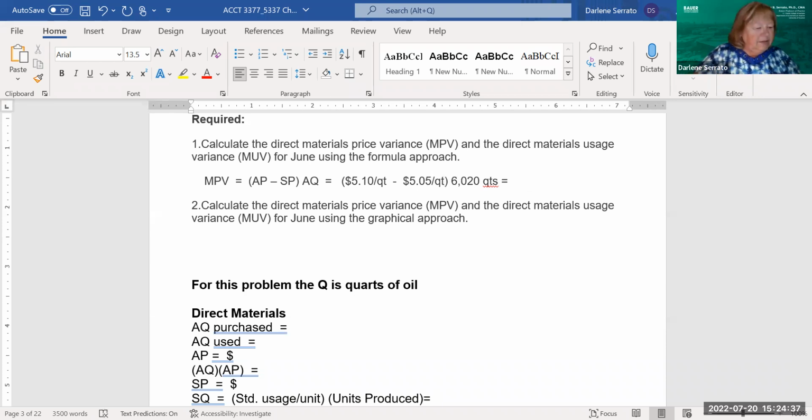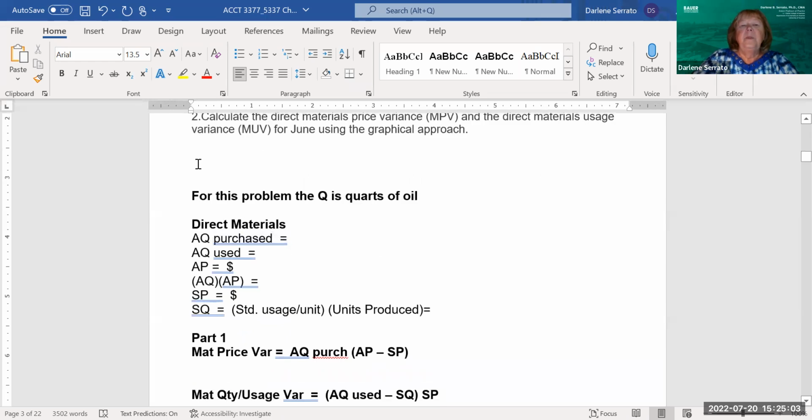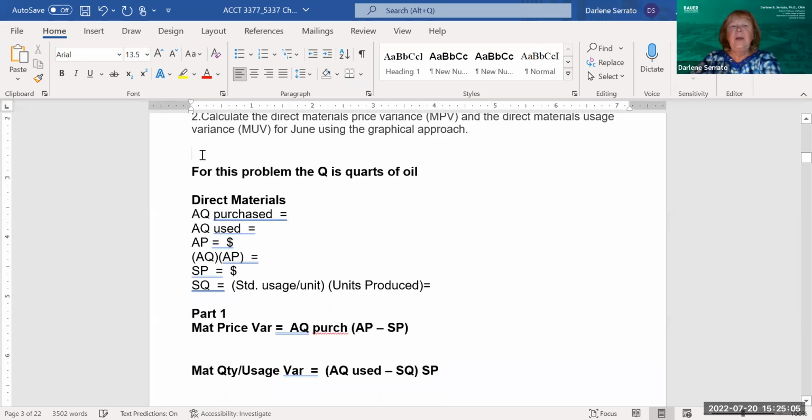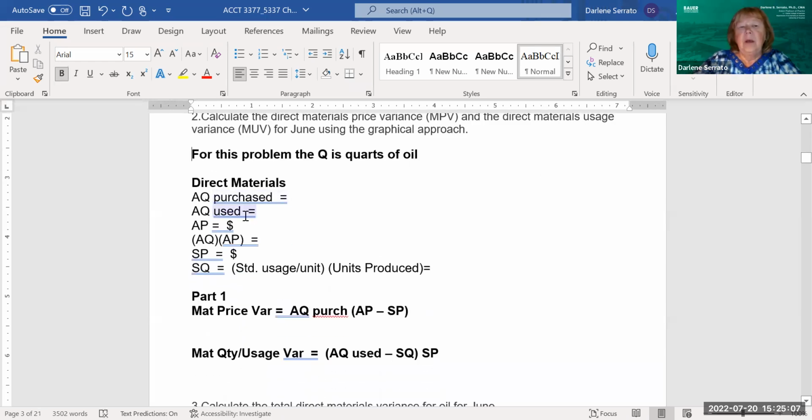So that's 5 cents. 5 cents times the 6,020 should give you $301 unfavorable. So before I ever calculated it, I knew it was going to be unfavorable because actual was greater than the standard allowed. So this is how I would normally work the problem.